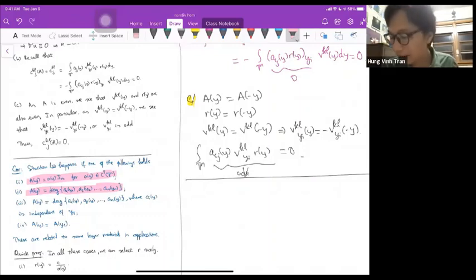The third case is that if I choose Ai(y) independent of yi, missing one slot, that is also the case. And the final case is when A(y) equals A(y1) only, so it depends only on the y1 variable. Then I also have nice things happening, right?